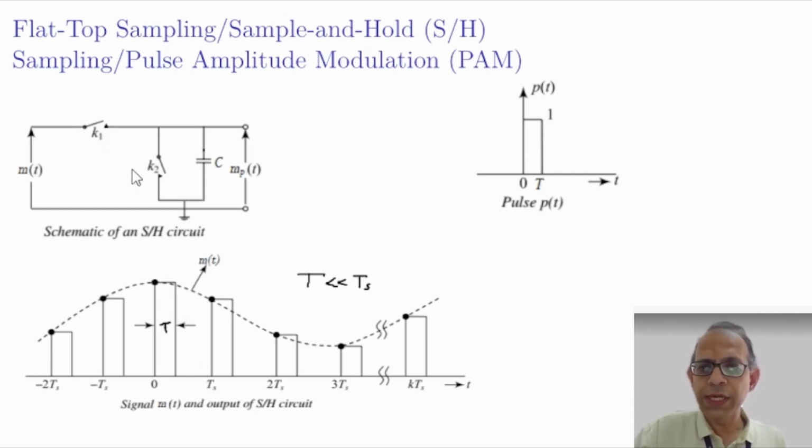Now both of the switches remain open until Ts, and then K1 is again closed momentarily so that the capacitor charges to the new value of the message signal at that instant Ts.